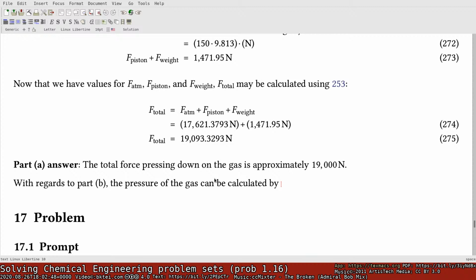How should I word this? The pressure of the gas can be calculated by taking an area in contact with the gas, calculating the force acting upon the gas through that area, and dividing it by the area.